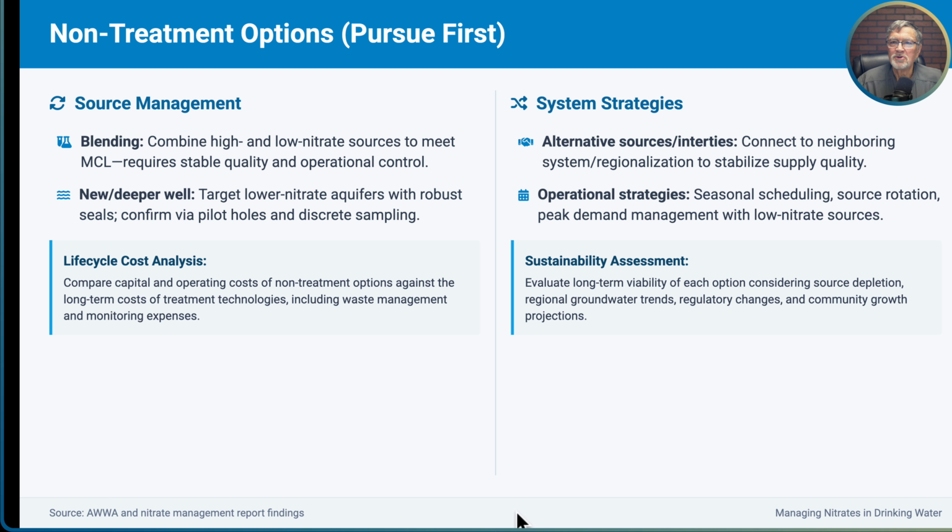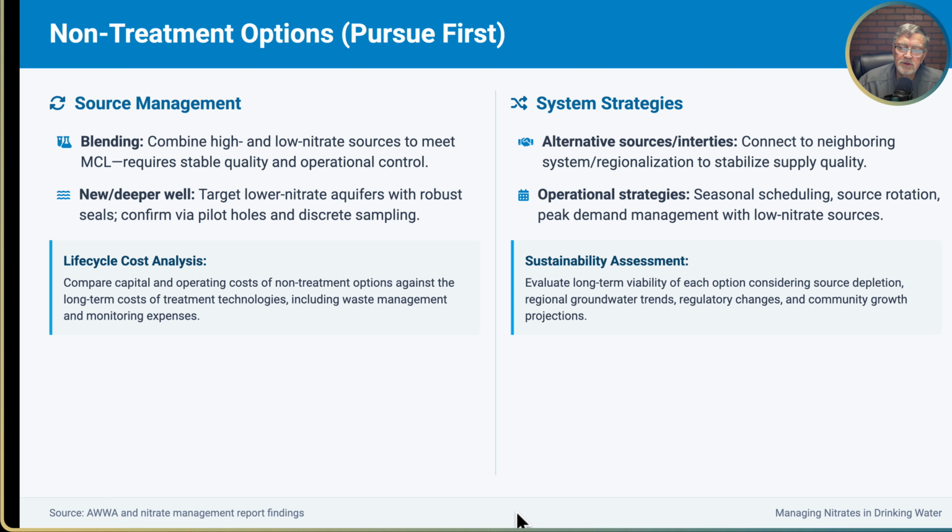Generally, treatment is going to be on the losing end of that analysis, because you not only look at the capital expenditures of putting in a treatment plant, but you're also looking at maintaining, training, and all the soft costs that go into that. It's generally going to be the higher cost alternative when you're looking at the total life cycle cost, which I recommend is the proper way to look at things, not just the low cost up front, but the life cycle cost for that particular process.